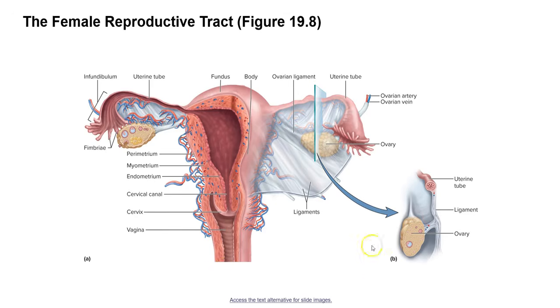Now the pH of the vagina is going to be relatively acidic, which is going to help prevent certain types of bacteria from being able to thrive very well in the vagina.